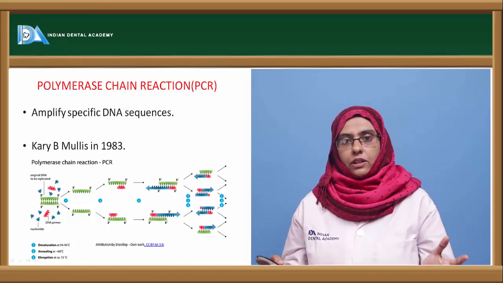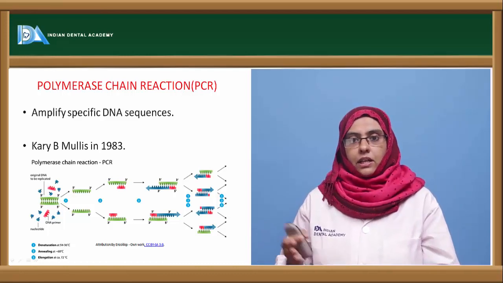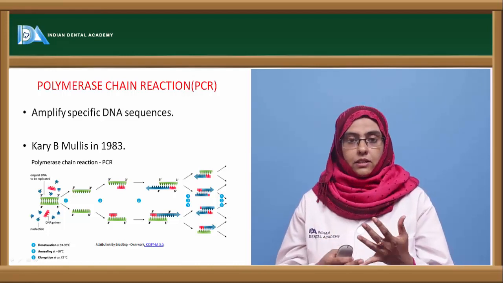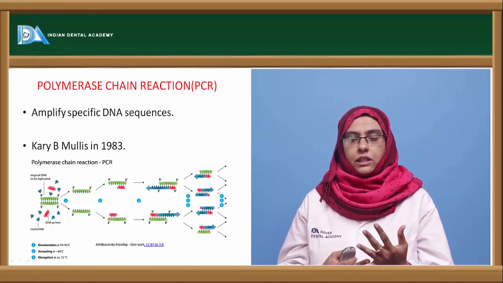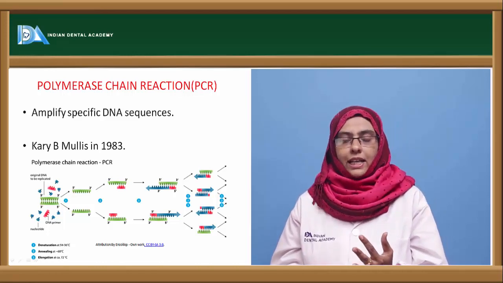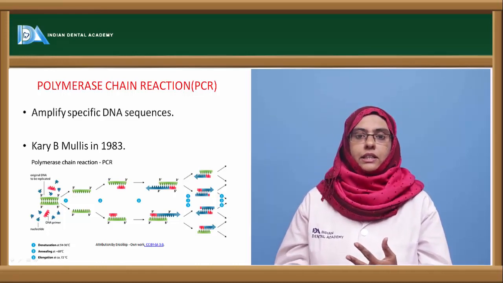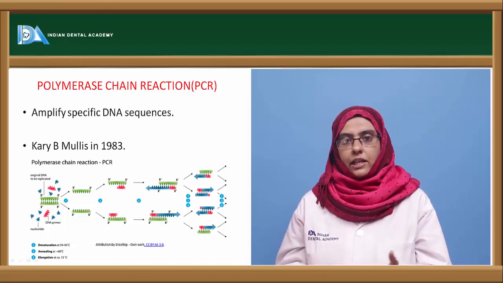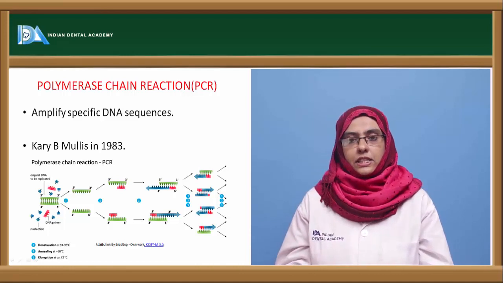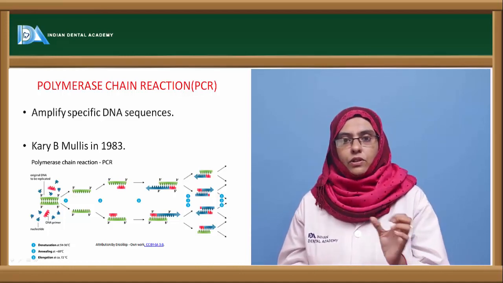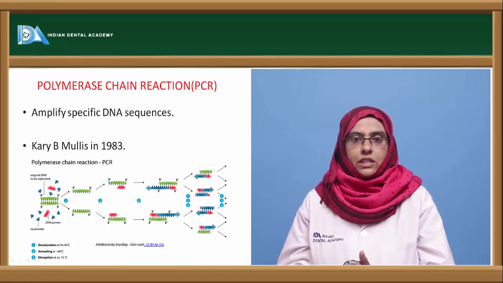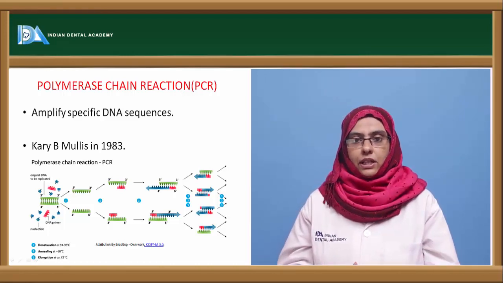It is usually carried out in an automated system having different steps. We take the sample, and to this mixture we add Taq polymerase, a primer of short length, and the nucleotides. First, there is a denaturation step that takes place at 94 to 96 degrees centigrade, where the DNA is denatured. Denaturation separates the two strands of a DNA molecule.